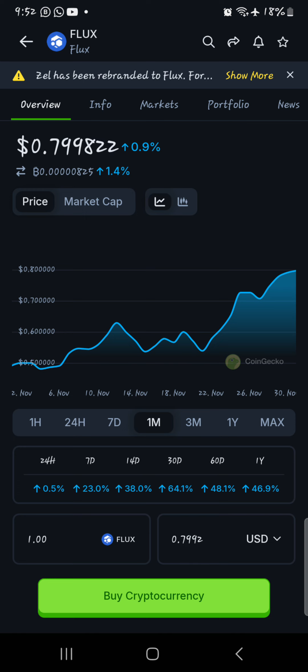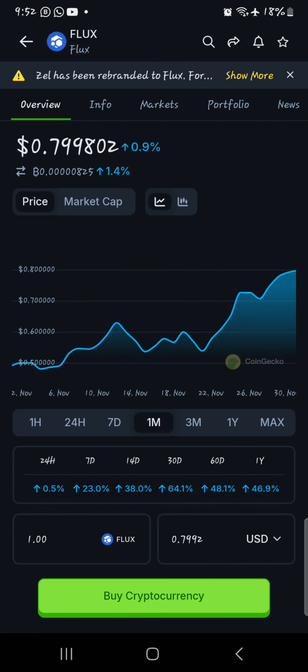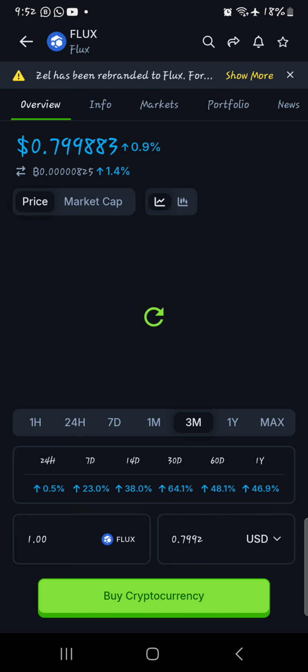You can see it's already at about 0.8, so 64%.